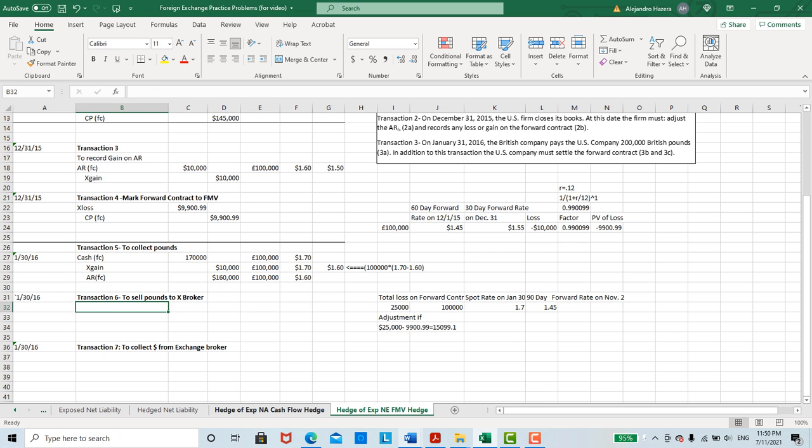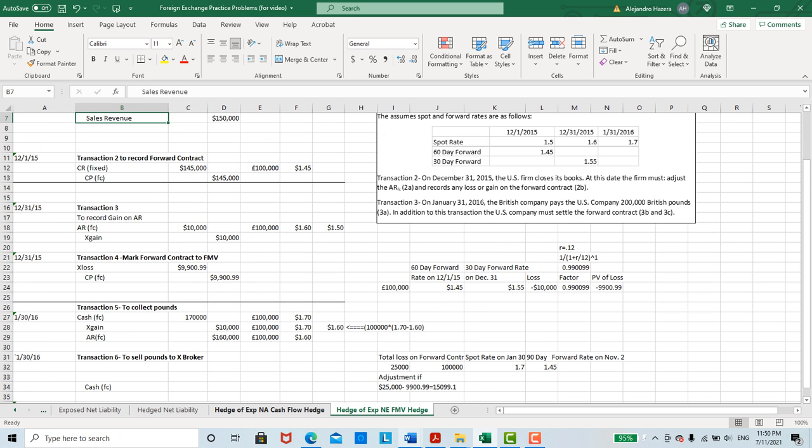We're going to sell those to the exchange broker, and so we're going to have a credit to cash, which is foreign currency, and we're going to debit the contract payable, and in this case, it should be for whatever we have in the contract payable account.